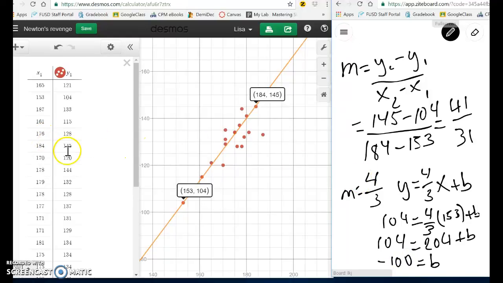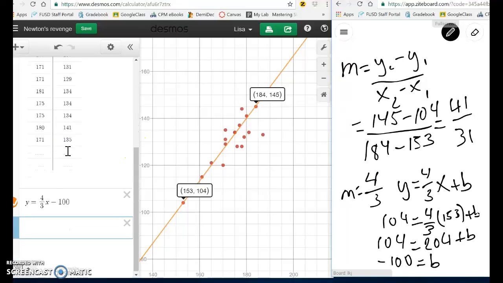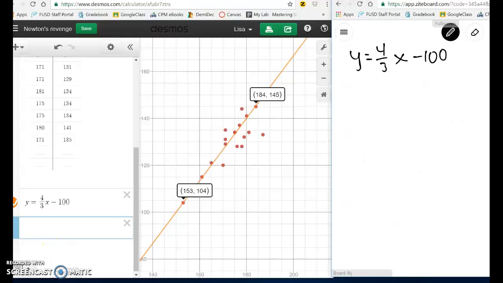And it turns out, when I take a look at what I've got here for my orange trend line, 4/3 x minus 100 is an approximate equation for our line of best fit or our trend line.